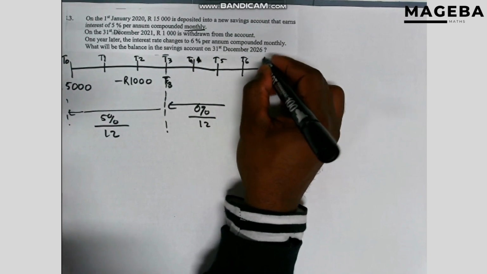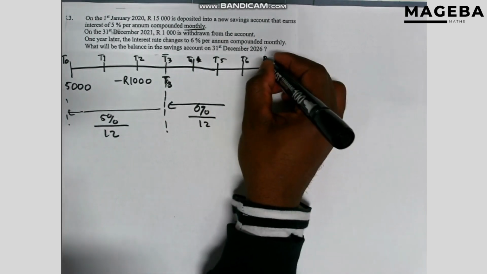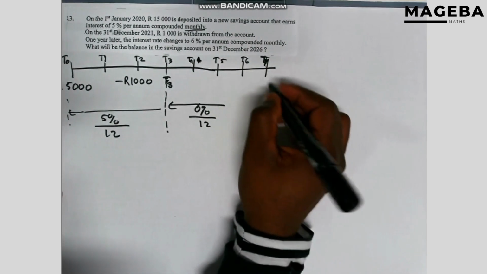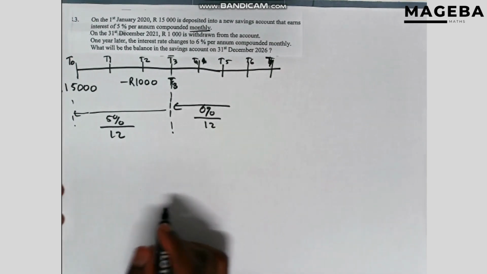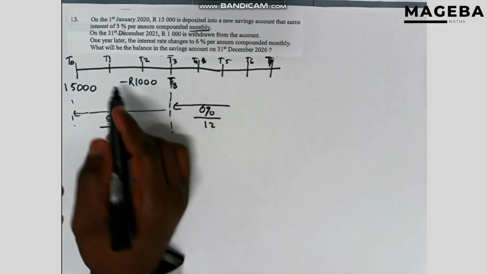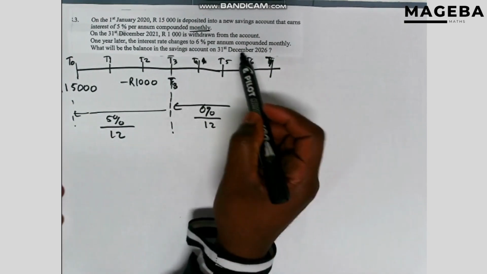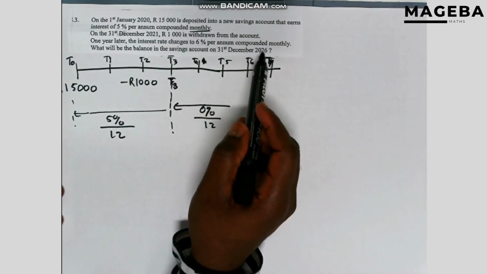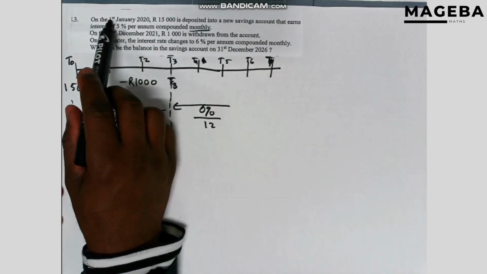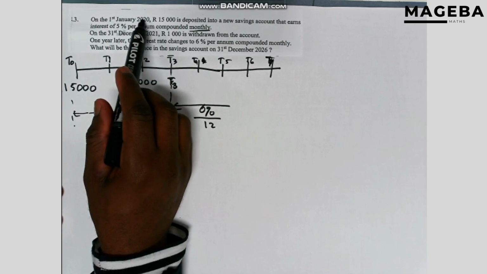I hope you still understand that one. So after 7 years, we reach the 31st of December. Again, don't get confused between the 1st of January 2020 and the 31st of December 2026.